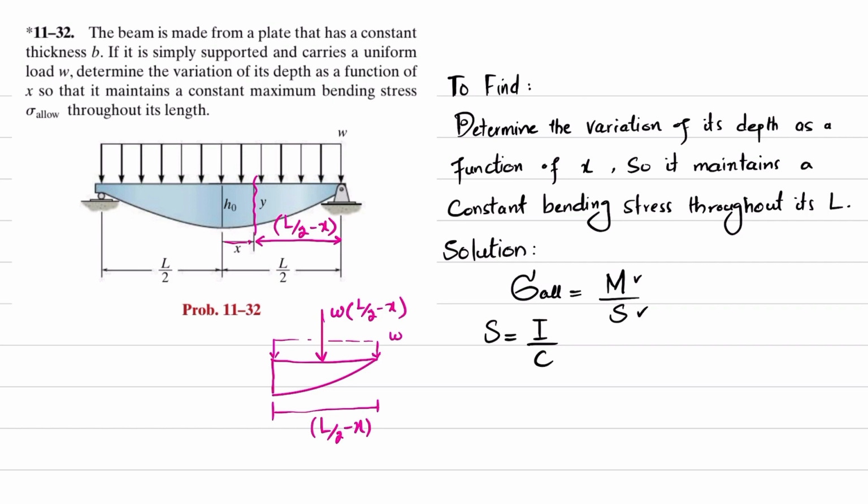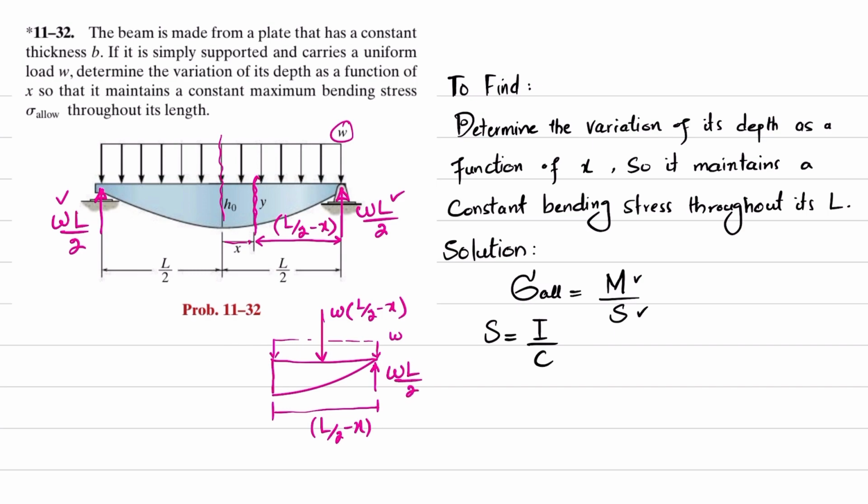And this load W is applied on this beam. By using symmetry you will get that the reaction force at this point and at this point will be equal to WL over 2, or you can calculate it by using the equation of equilibrium. So both will be equal to WL by 2, and here we also have WL over 2.